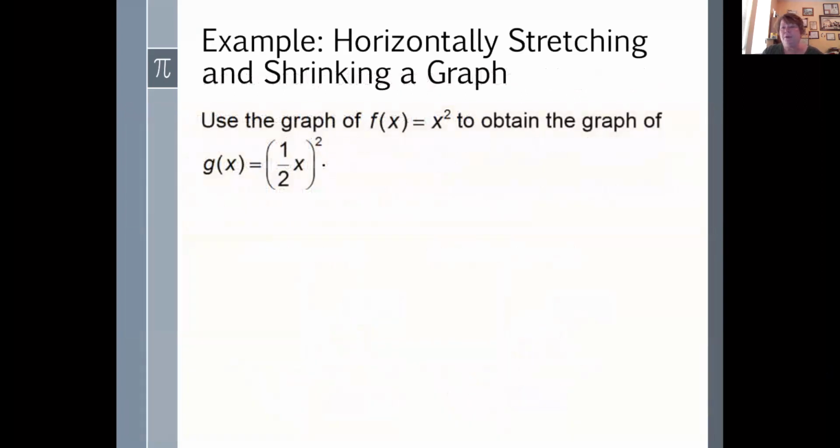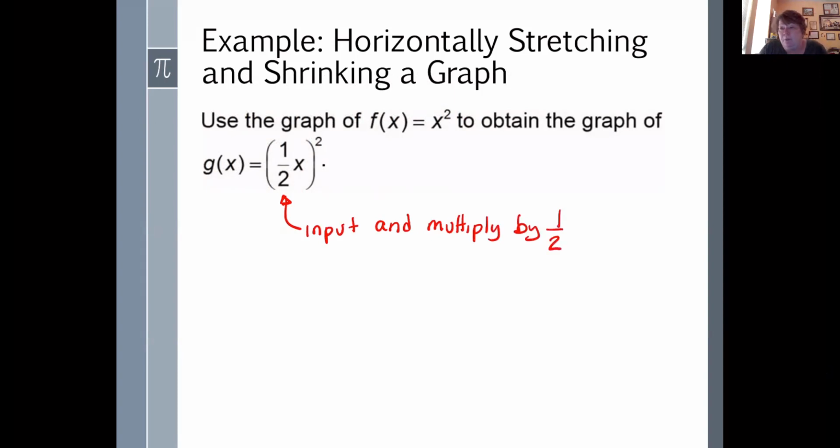Okay, so what are we doing here? We have g of x equals 1/2 times x, and then we're squaring it. So what are we doing to the standard quadratic function to get this new function? We're taking each input and multiplying it by 1/2.